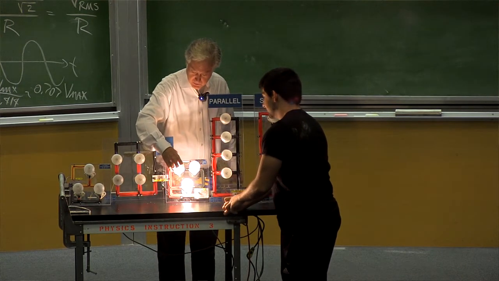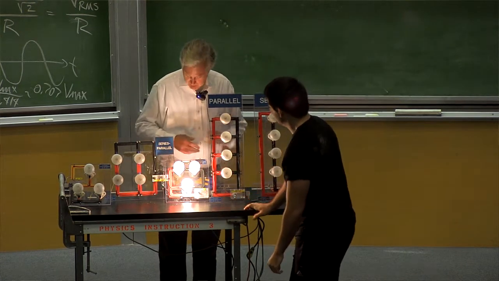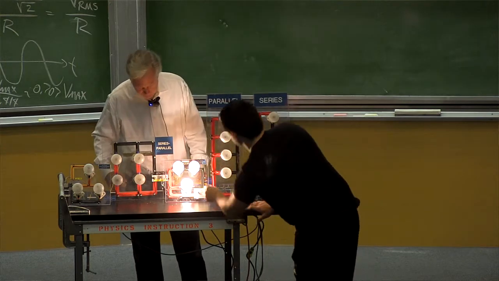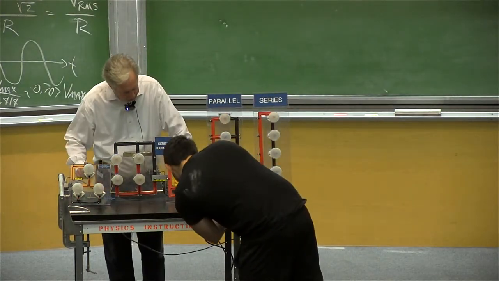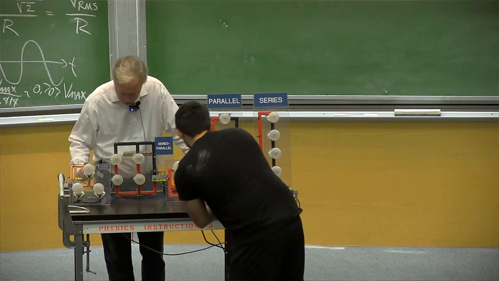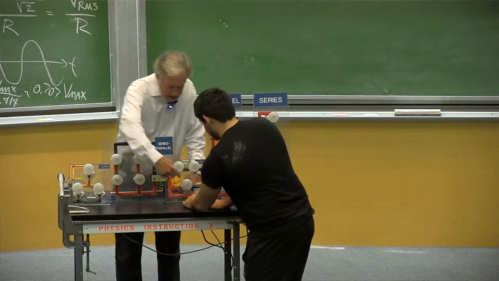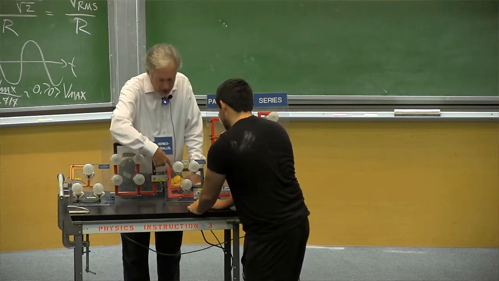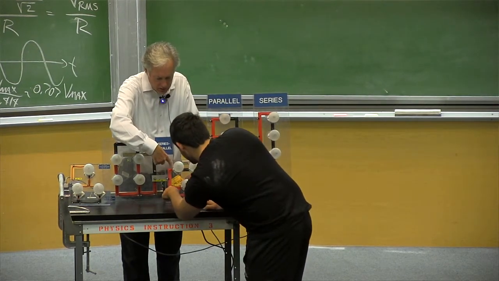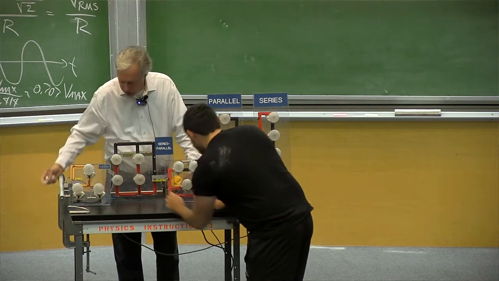Okay, so what do we have here? Now we have, let's turn it off. And can you describe, it's not the same as this one in visual appearance, is it? This one gets the juice, right? Yeah. And this one does too. So it's a different circuit.